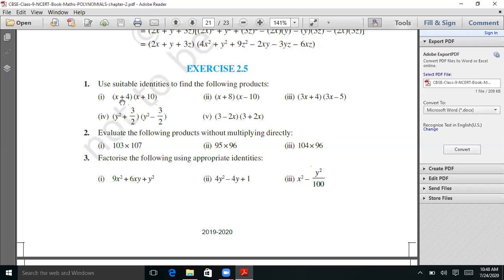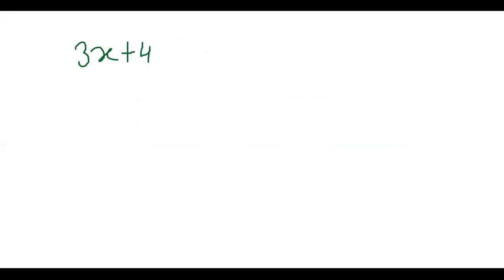So we'll use here fourth identity. In third also, fourth. Okay, so let's try third part here. (3x plus 4) into (3x minus 5).